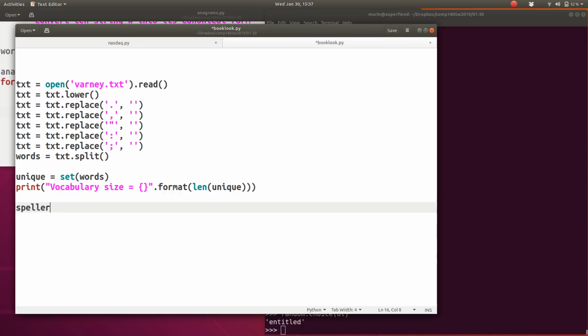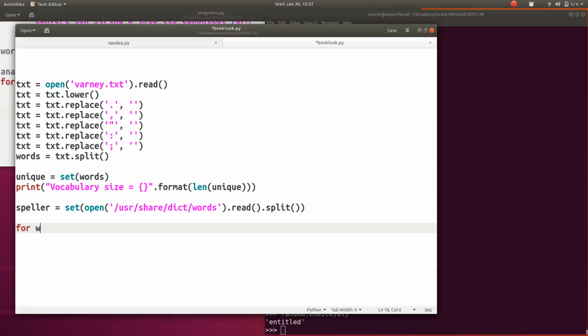So let's call that thing speller. And that's what we get when we open user share dict words. We read it and we split it. So that gives us a list, and we would like it as a set so we can check if things are in there. All right. So let's see.